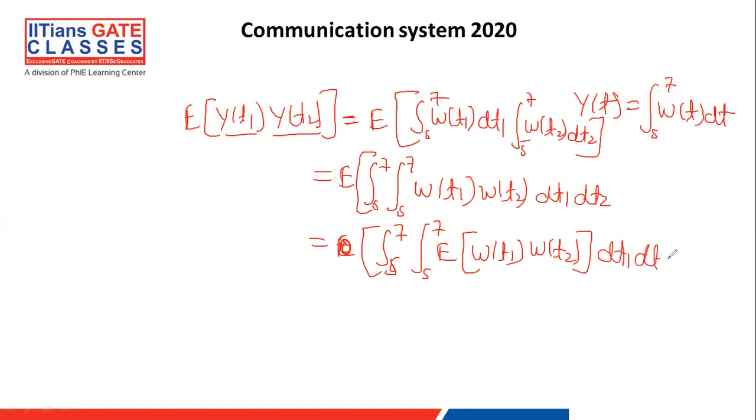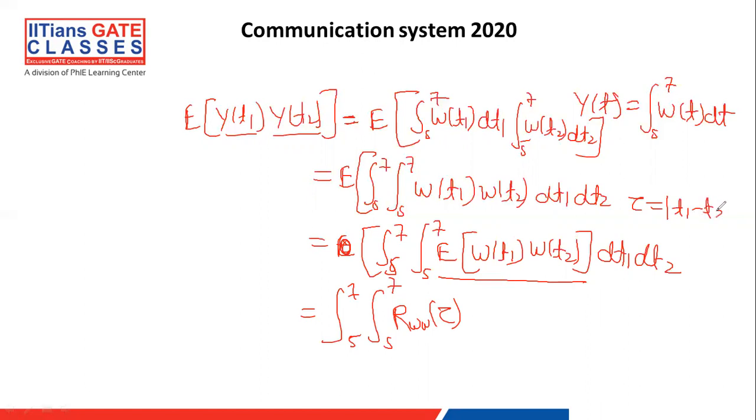Now you see this term, the expected value of w(t1) and w(t2), is nothing but the autocorrelation of w. So I can write this as the integration from 5 to 7, 5 to 7 of R_ww(tau), where tau is the difference between t1 and t2, the absolute difference.